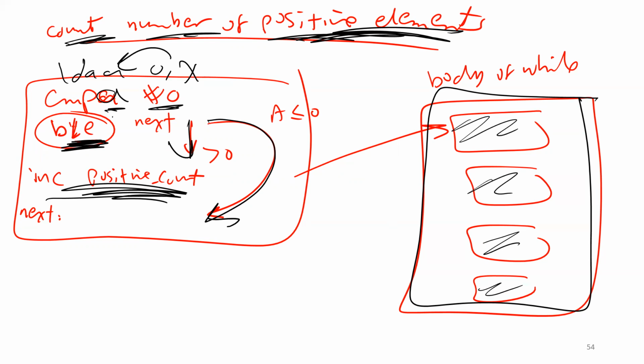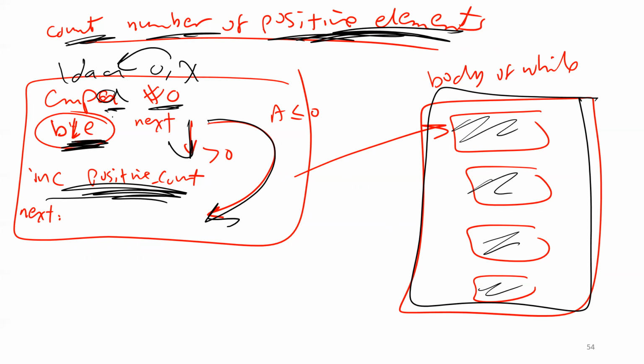You are going to do several like this one, because as far as I remember, I asked you to count how many numbers are odd or even, how many numbers are zeros, how many numbers are positive, something like that. Every time the element is in A, I'm going to compare it, for example, to 0 here, and if it is less than or equal to 0, I'm going to come here.